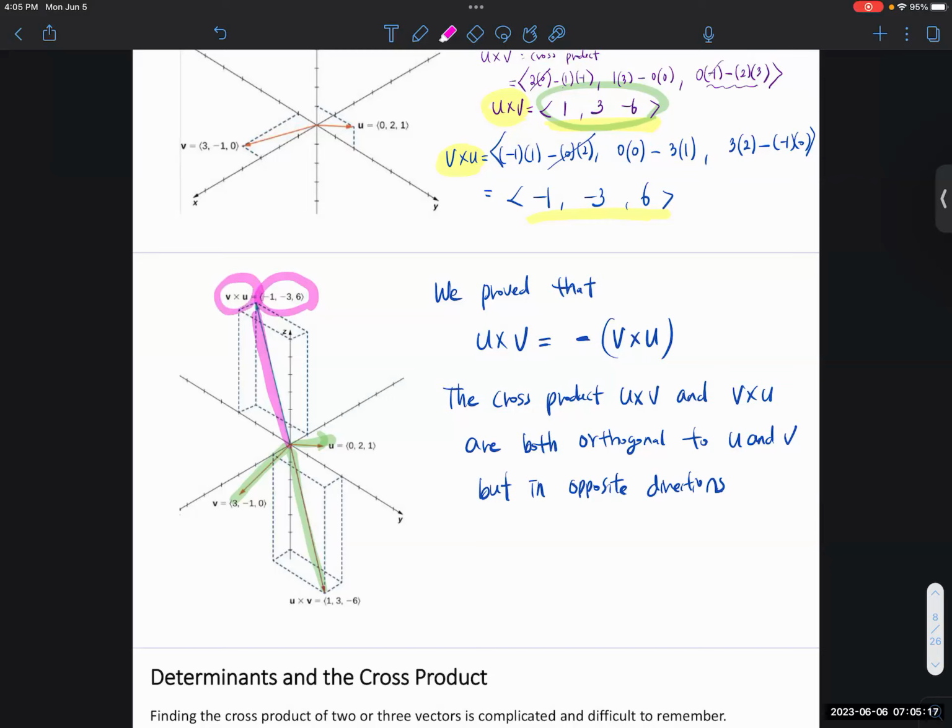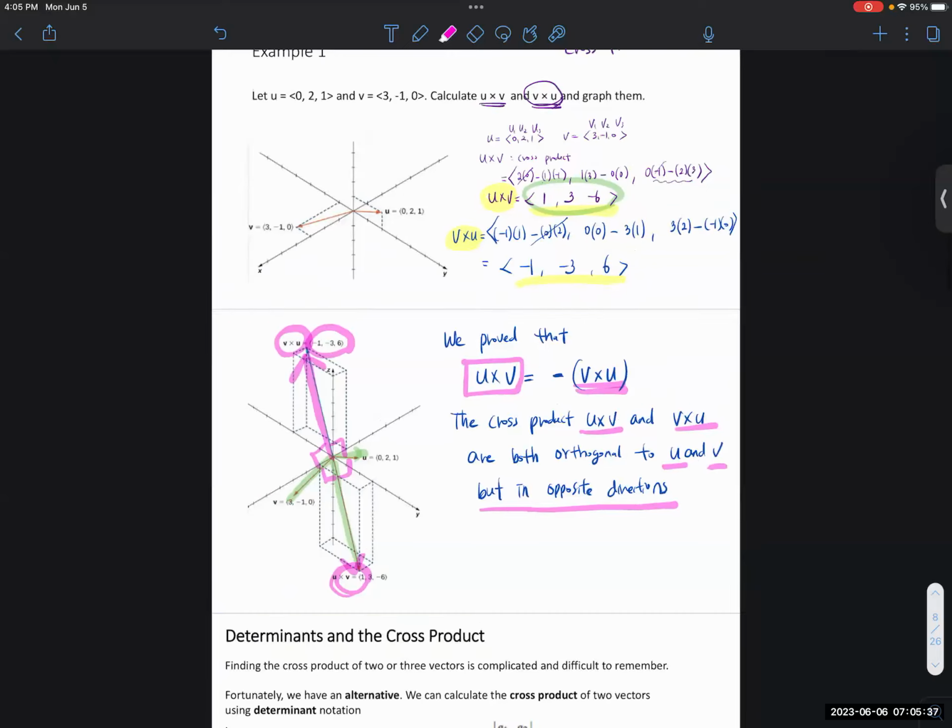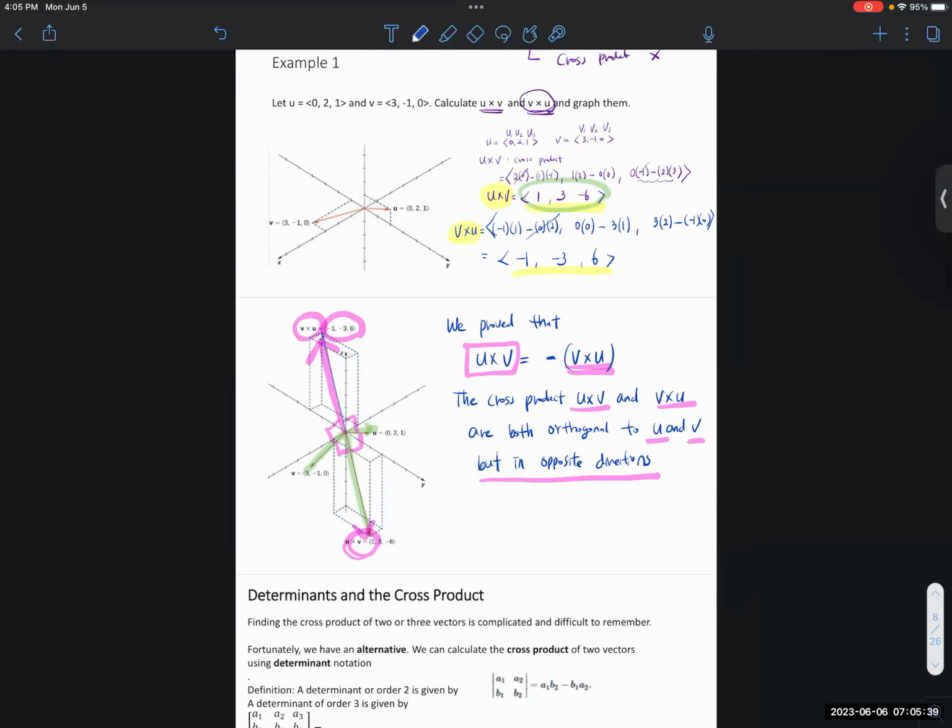This is still orthogonal to each of u and v, and this is also orthogonal to each of u and v. Therefore, u times v and v times u are orthogonal to the u and v vectors, but in opposite directions, because one is up and one is down. So this is property number 1.